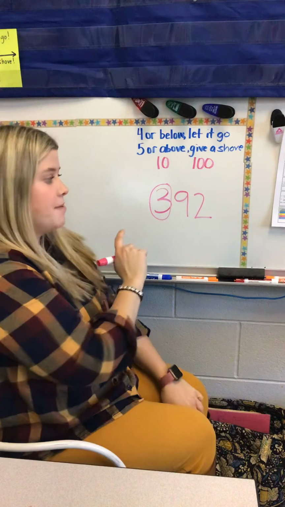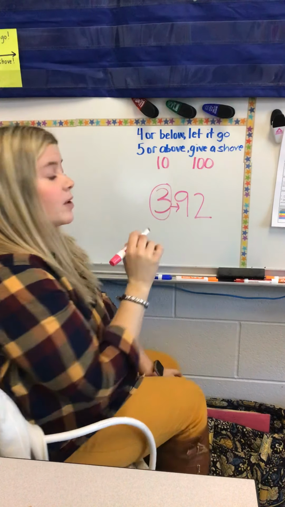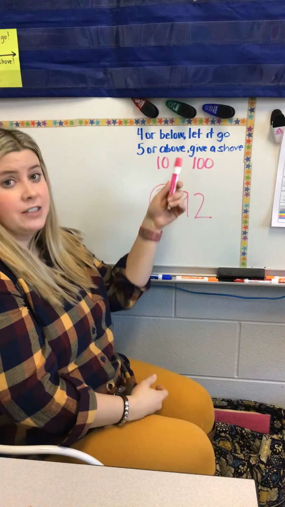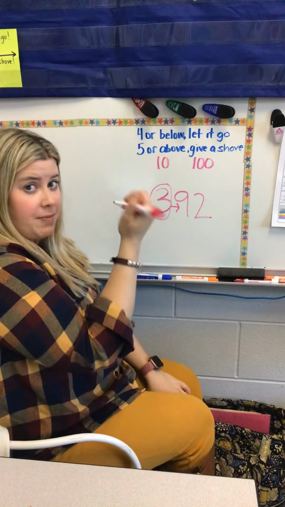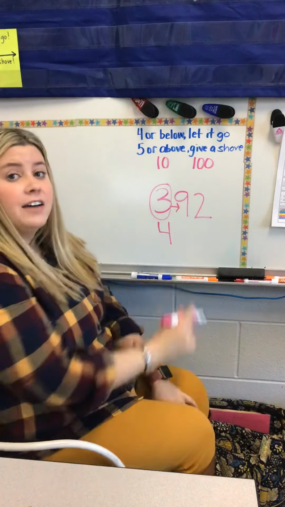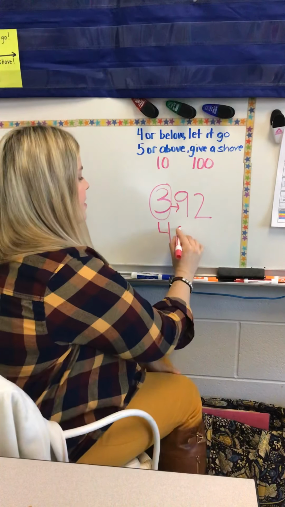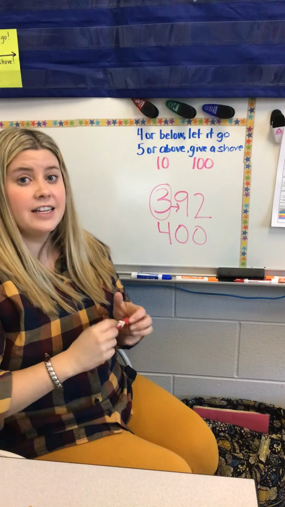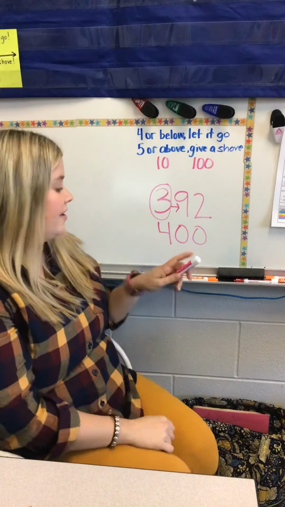I'm then gonna look at my bossy digit to the right, which is a 9. A 9 definitely tells me to give it a shove. So 3, if I shove it, becomes a 4. And anything after my circle becomes a 0. So 392 rounded to the nearest 100 is 400.